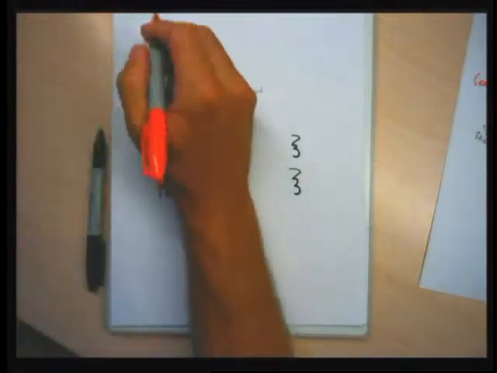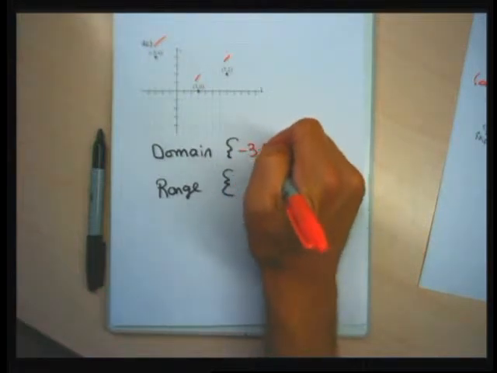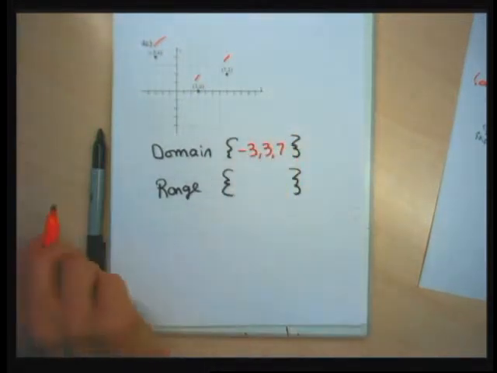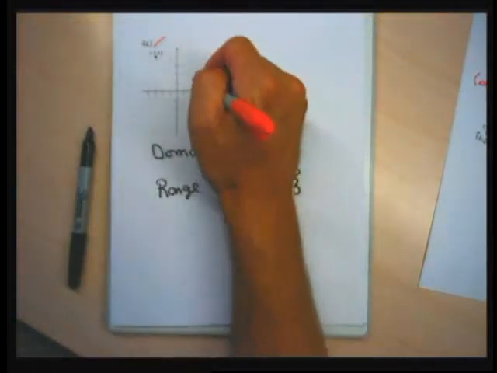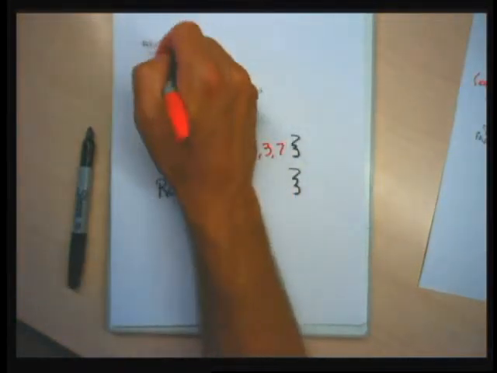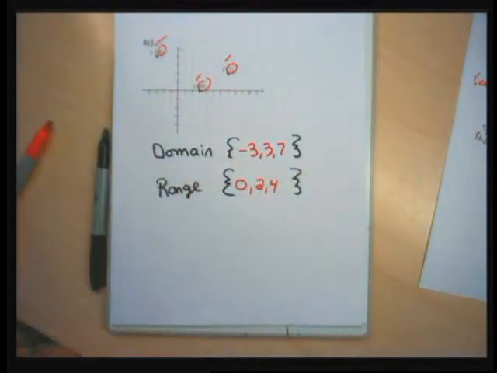So for the domain, I'll pluck off the x's of -3, 3, and 7. It doesn't matter the order that you write those in, just as long as you have those numbers. And for the range, I'm going to pluck off the y-coordinates of 0, 2, and 4, and it doesn't matter the order that you write the 0, 2, and 4 in. If your range has the numbers 0, 2, and 4, then we're completely okay. And that's all there is for 4C.